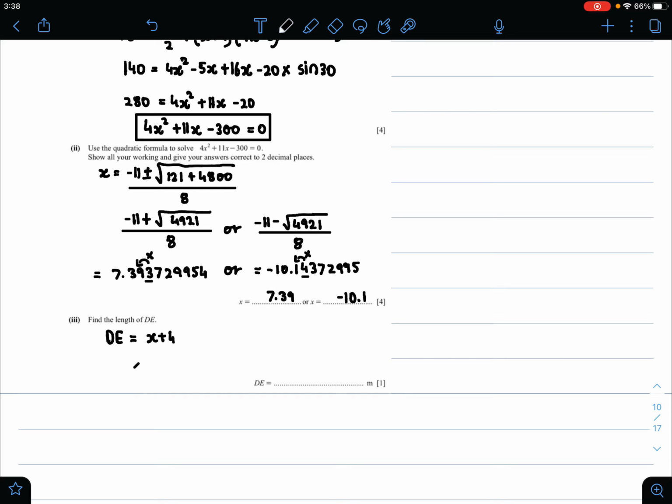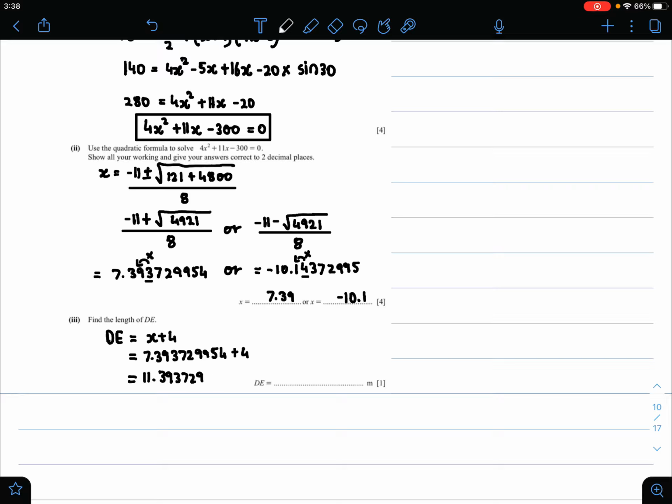So the length of DE will be 7.39372995 plus 4, which is equal to 11.393729.